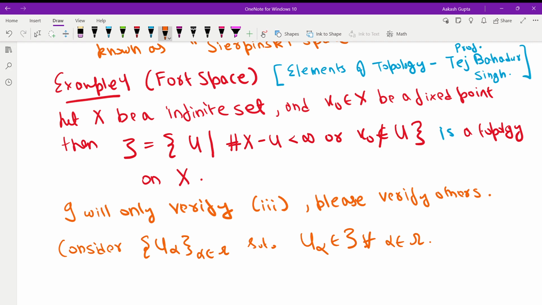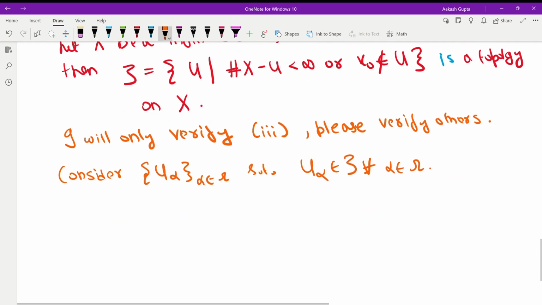Now guys, there are possibilities, right? Because a set is in tau if it has either one of these two properties: either the complement is finite or x naught is not in that set. So how to tackle these situations? We usually make cases.